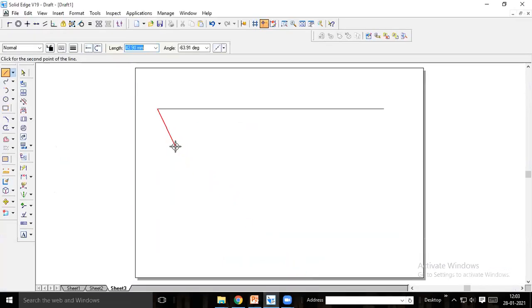The total length is 0.55 times 40, 40 being the pitch I consider, at 90. So this is the distance between the root line and the crest line. One more distance I take for the center line is 0.25 times P, 40. This is the center line.